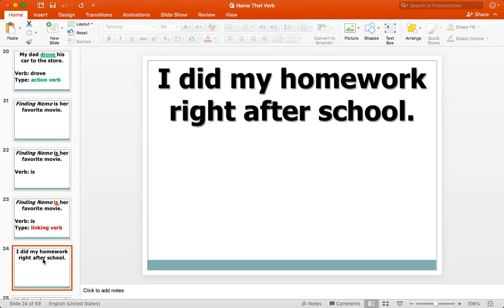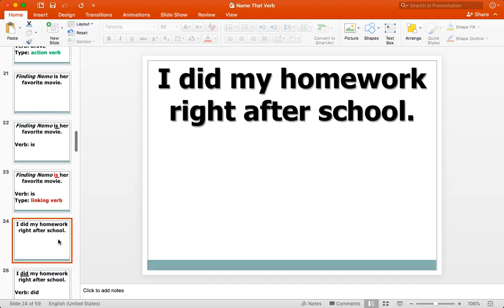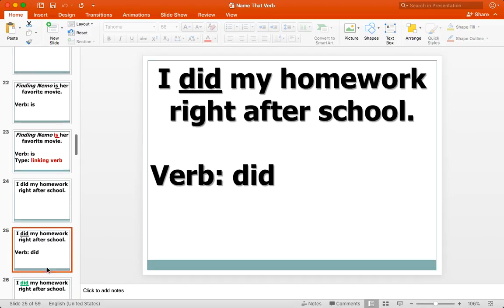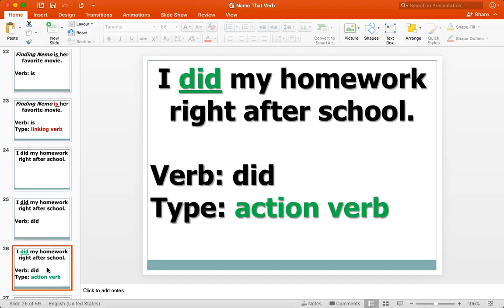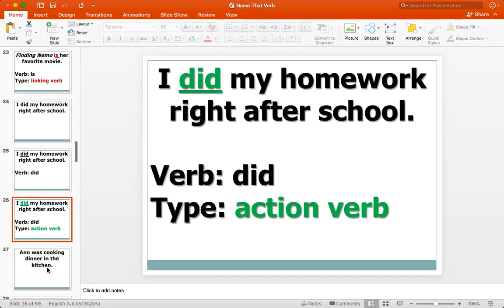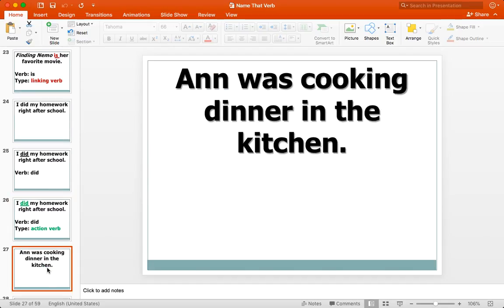I did my homework right after school. I is the subject. Did my homework right after school is the predicate. Predicate always includes the verb. The verb is did, and did is an action verb because physically I did my homework. And then the last one I want to share with you before I set you free and let you try some on your own.